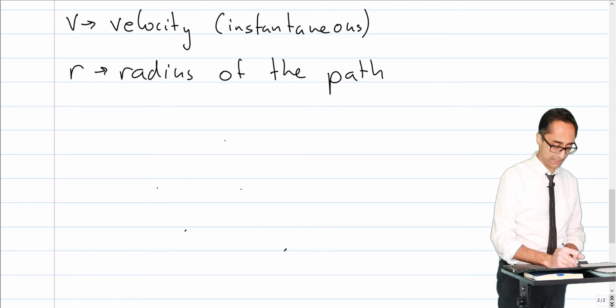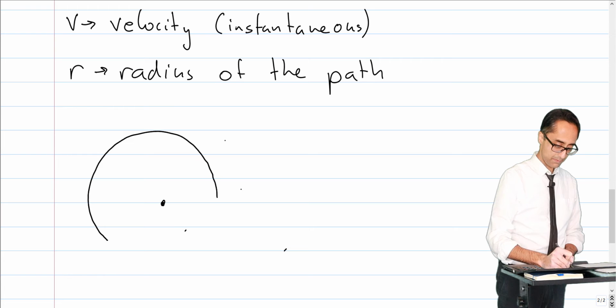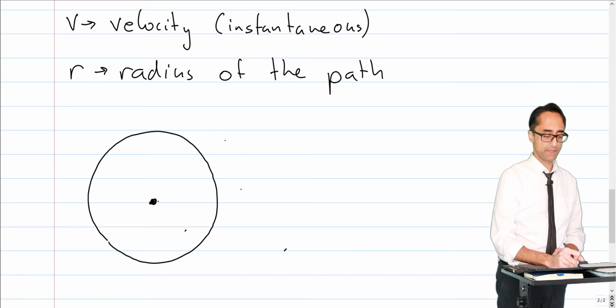So let's go ahead and draw some kind of a circular path. That's a pretty good circle, but we'll get rid of that center and make something about here the center. There we go.